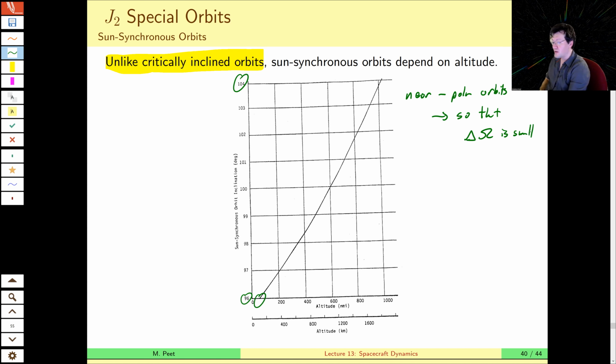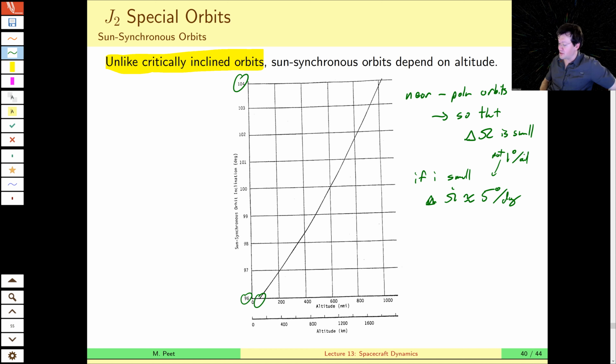If you remember, if i is small, omega dot was about 5 to 10 degrees per day. So obviously we want it to be 1 degree per day. So we have to have higher inclination orbits.